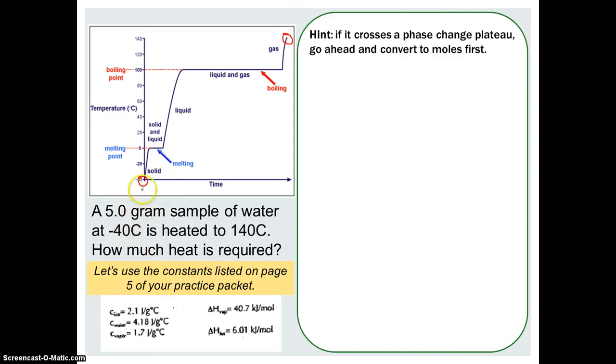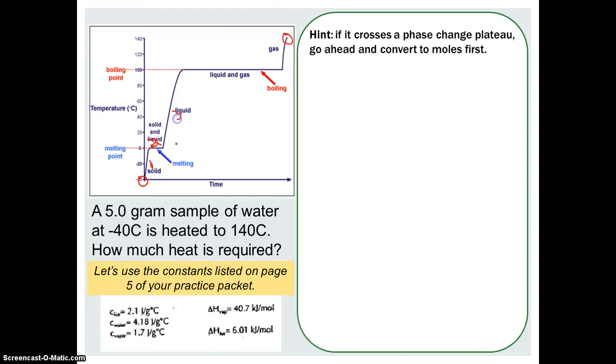So if we look at what's happening to go from point A to point B, we'll call this segment 1, you would be a solid heating from -40 degrees to 0. In segment 2, you would be melting.